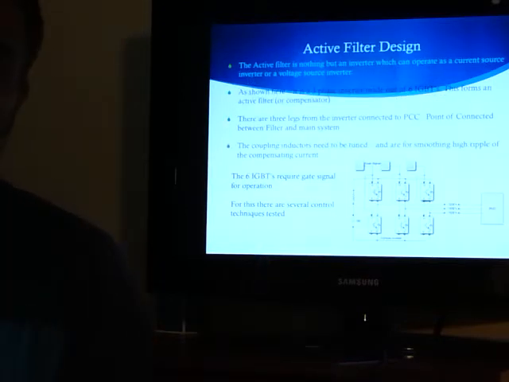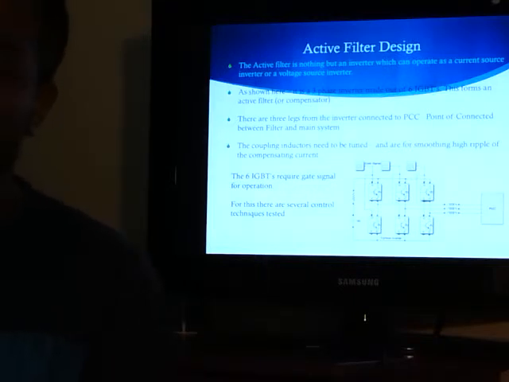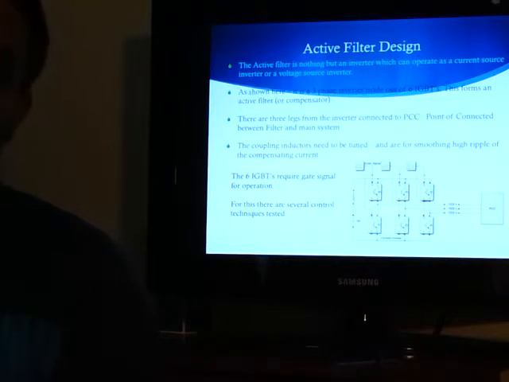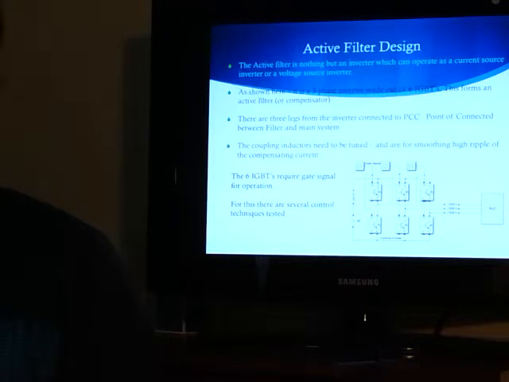Here we are showing you the design of the active filter. The active filter is nothing but a set of IGBTs. It's an inverter, used either as a voltage source inverter or a current source inverter. In a three-phase system, it's made up of 6 IGBTs. As you can see in the diagram, the 3 legs go via inductors to the PCC.